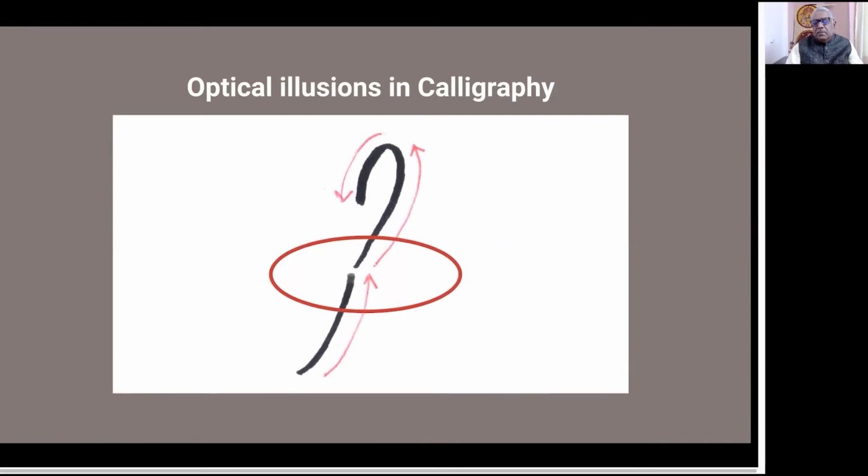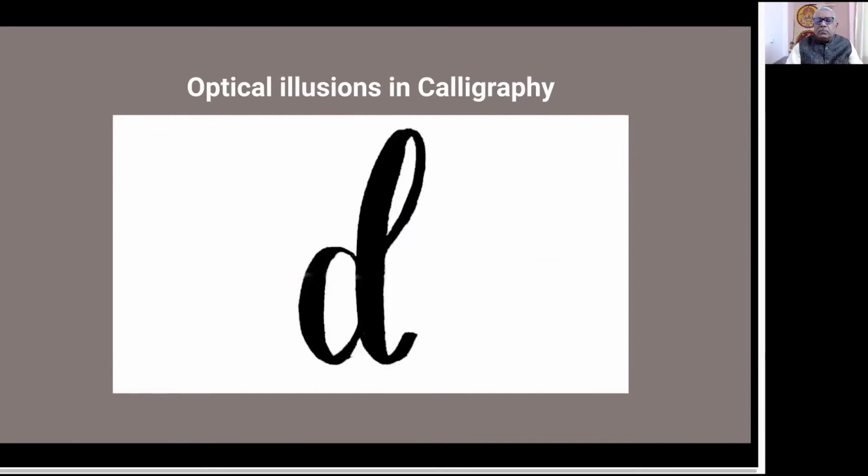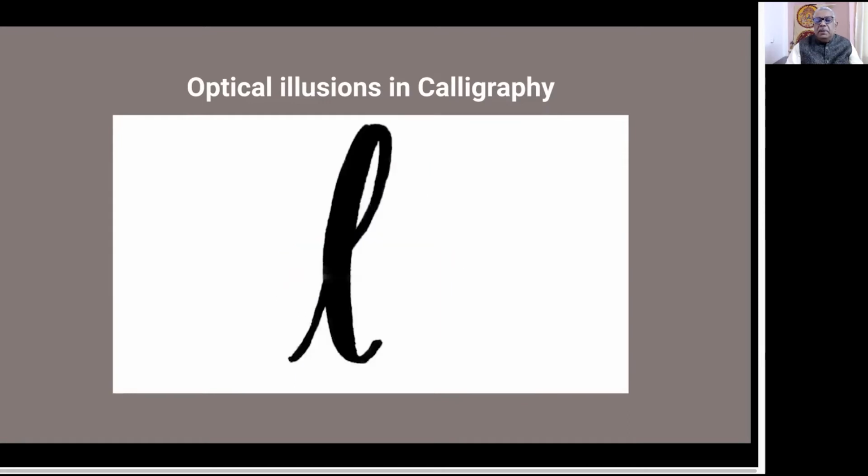This is done in so many other characters whenever we do brush lettering. Another character is lowercase d. Also, you can see how the angles of the strokes are changing whenever there is a thick stroke overlapping this kind of diagonal stroke. So this keeps on repeating in many of the characters in brush pen calligraphy.